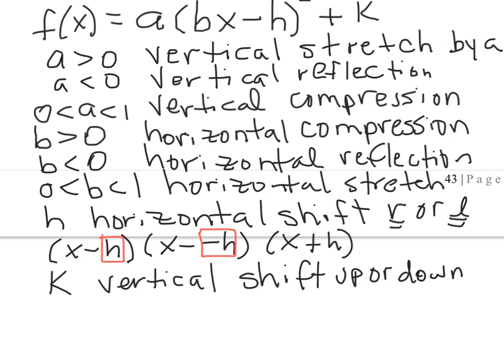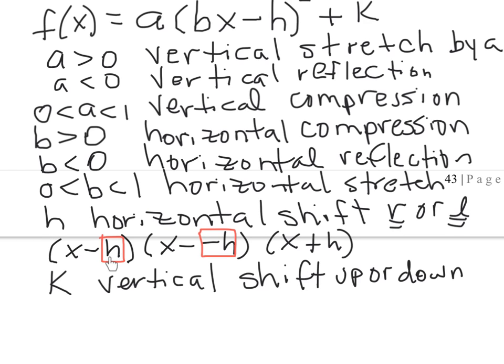All right, so we have A, vertical stretch. A is less than 0, vertical reflection. A is in between, it's a fraction. That's a vertical compression. When B is greater than 0 or positive, it's a horizontal compression. When B is negative, it's a horizontal reflection. When B is in between 0 and 1, it's a horizontal stretch. H is a horizontal shift, right or left.